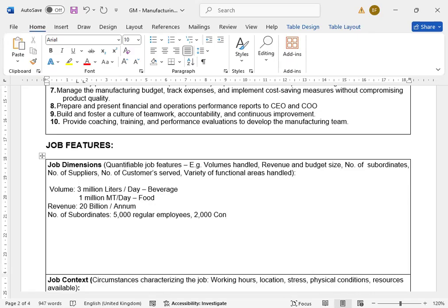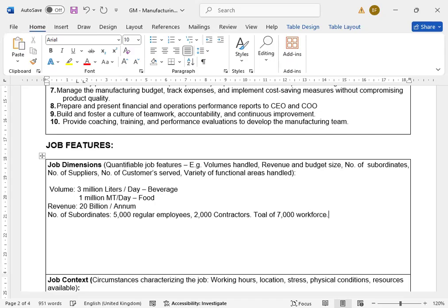So usually they hire contractors for this kind of activity. So all in all, that would be a total of 7,000 workforce. I will not call them employees because contractors are not employees. Workforce.